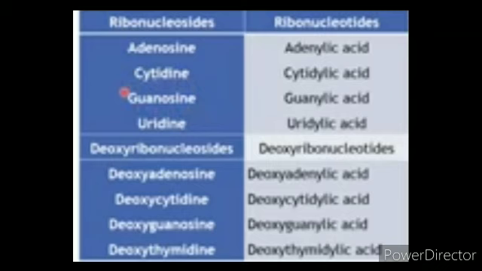We can also call them adenylic acid, guanylic acid, thymidylic acid and cytidylic acid. These are the nucleotides present in DNA. Adenylic acid, guanylic acid, cytidylic acid and uridylic acid are the nucleotides present in RNA.